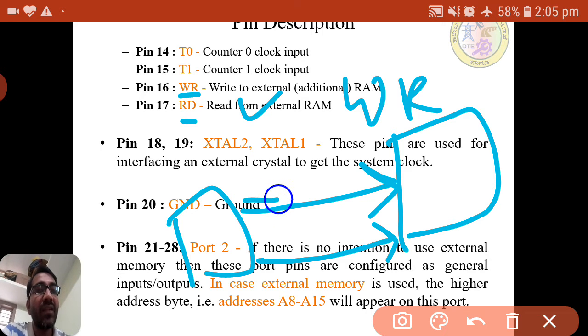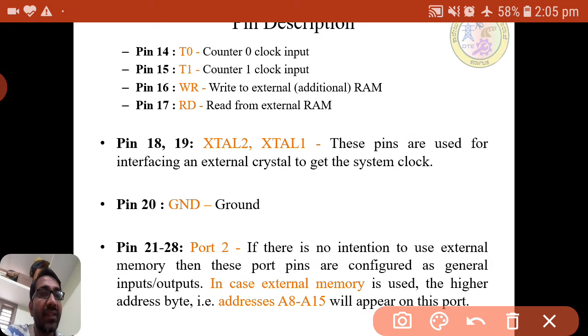So these are the control signals port 3 acts as when we are communicating with the external world. If you are not using these signals, port 3 will normally act as a normal input and output.